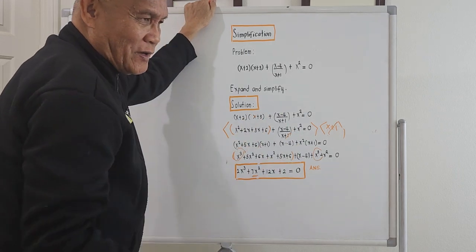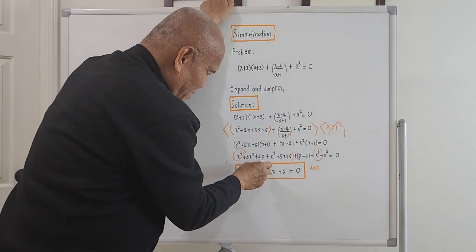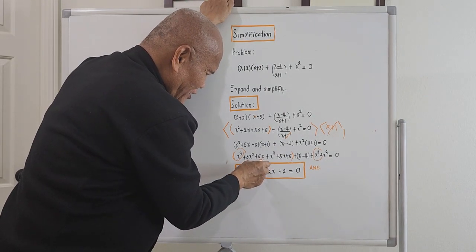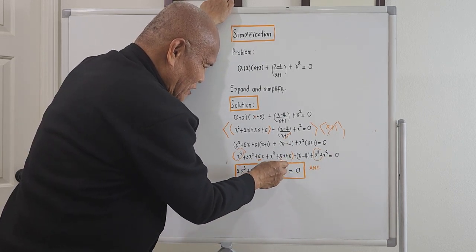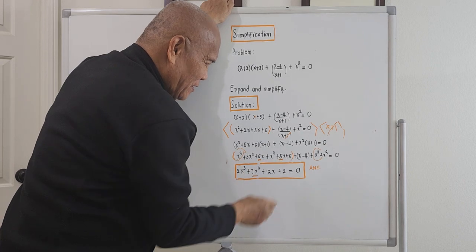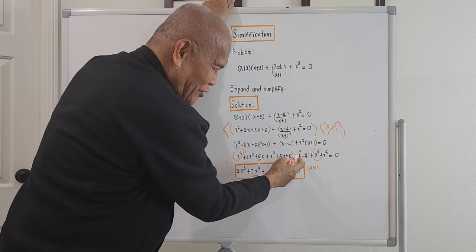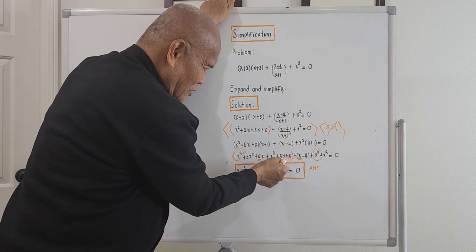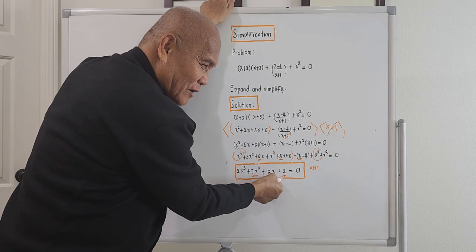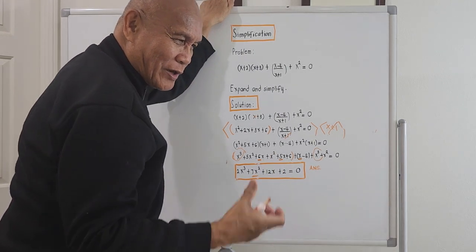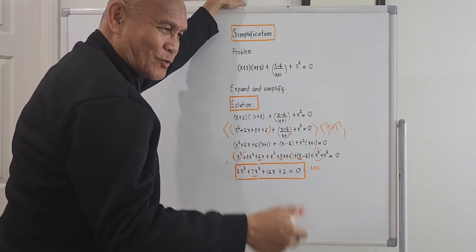The next terms are the terms that contain x. We take the coefficients: 6 plus 5 plus 1, since the coefficient of x is 1, that will be 12 multiplied by x. What concept are we following with that one? We are combining similar terms, like 1 cow plus 1 cow plus 1 cow will be 3 cows.